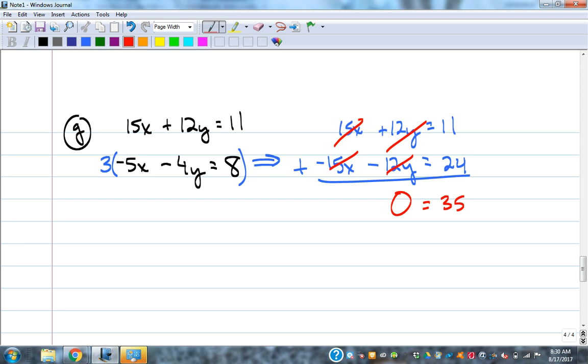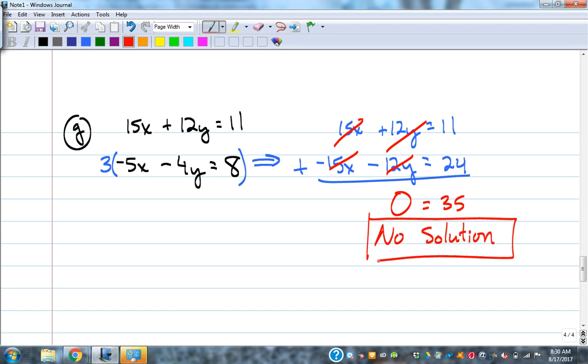No. That'd be no solution. Now, if it turned out to be 0 equals 0 on the other side, then that's infinitely many. But here, because all the variables canceled out, we see it's 0 equal to 35. But no, it's not. 0 is not equal to 35.